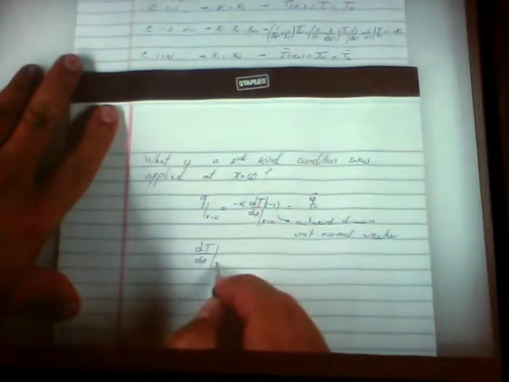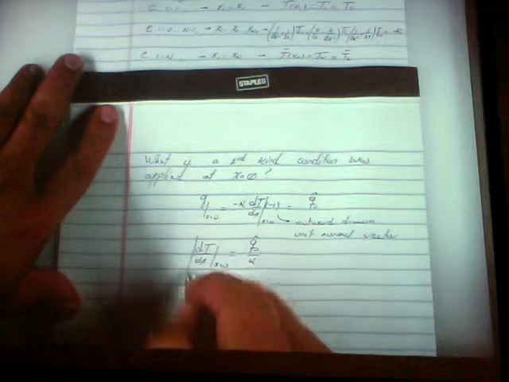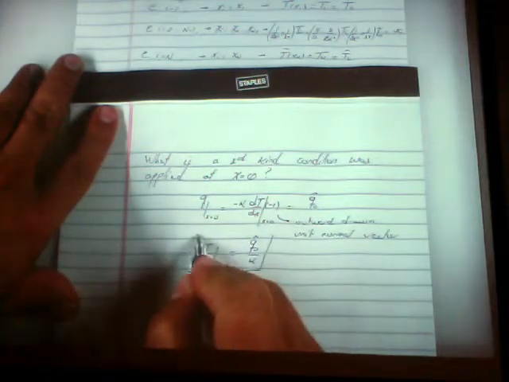All right, so that basically means that dT/dx at x equals 0 is equal to Q0 over k. How do we impose that condition?